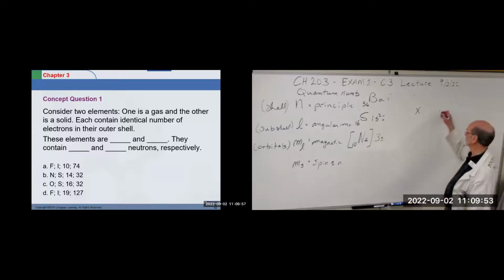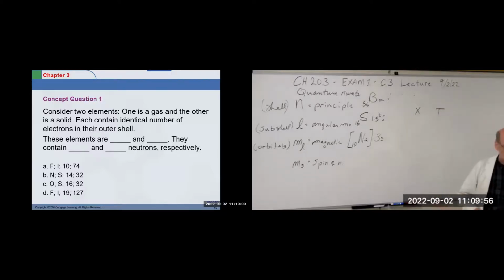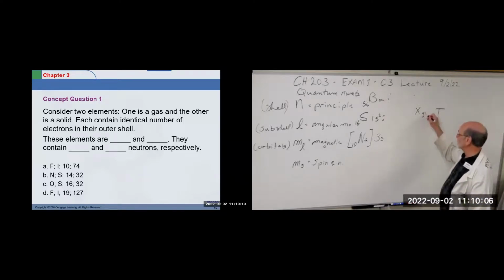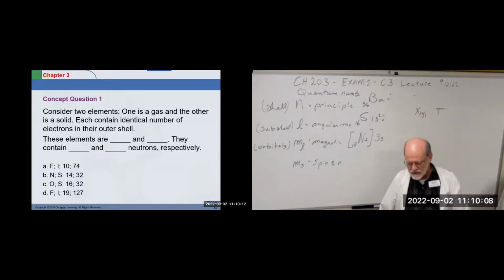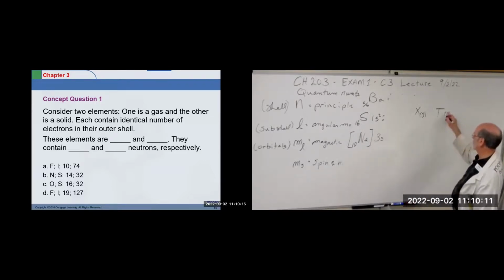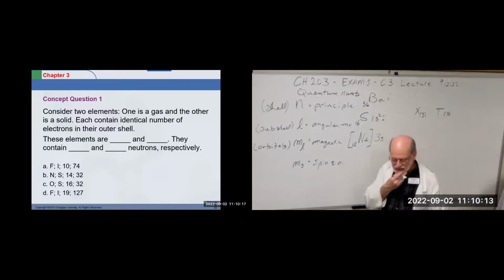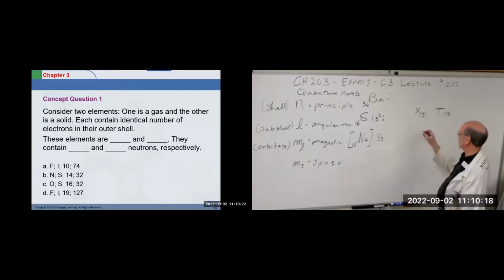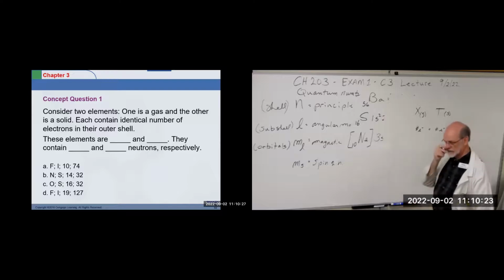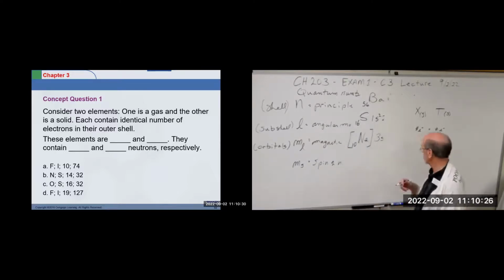T. There are bunches of T's with little letters, but there's not one with just a T. So we got one that's a gas, and the other one is a solid. Each contains an identical number of electrons in their outer shell. The number of electrons here equals the number of electrons here in their outer shells, so these are valence electrons.